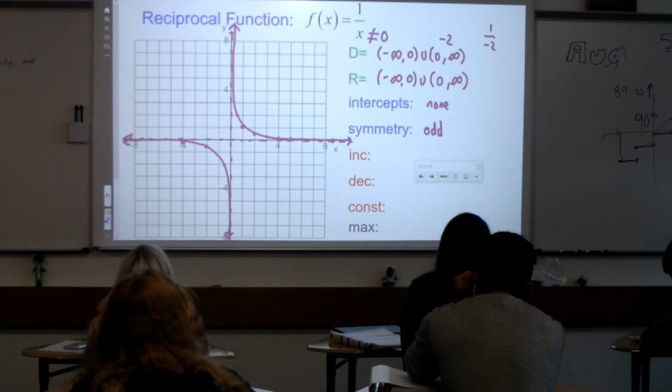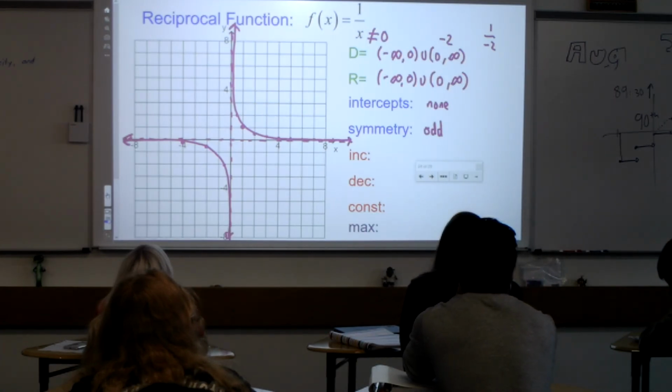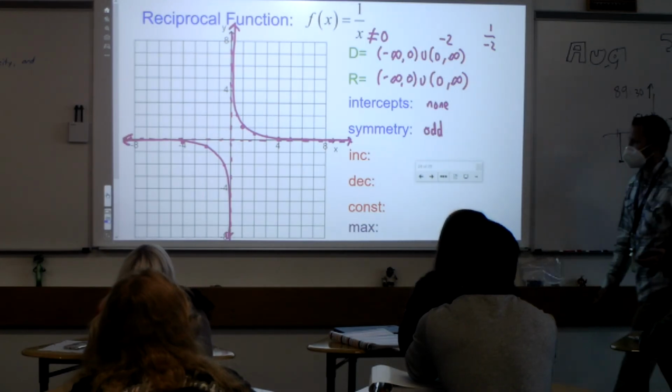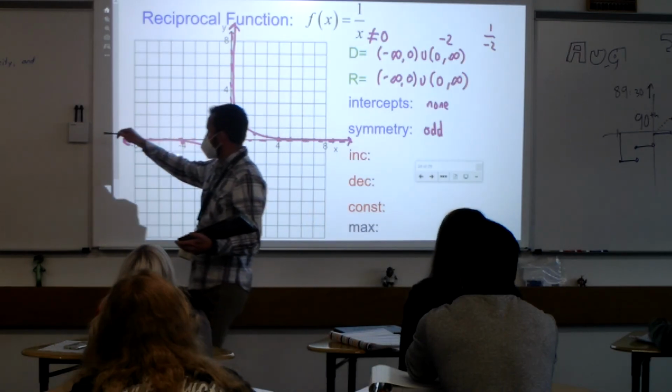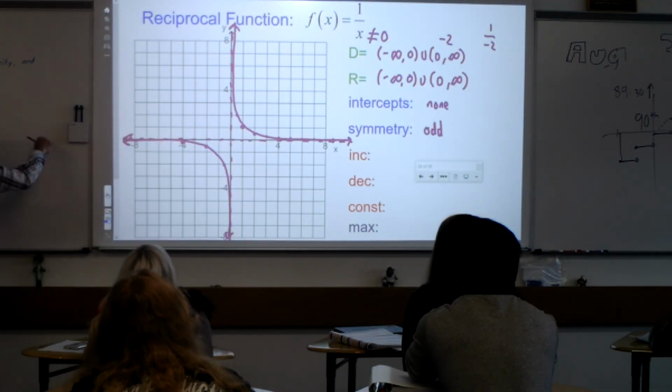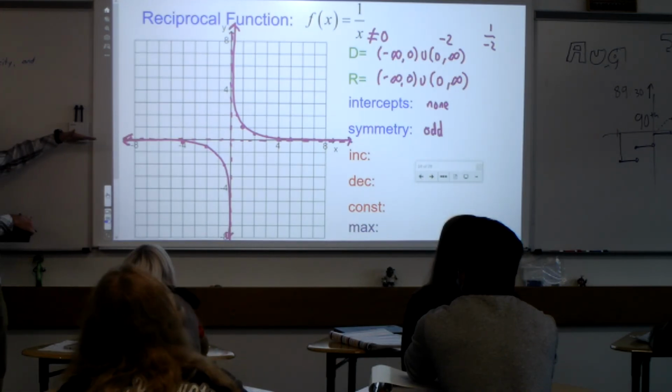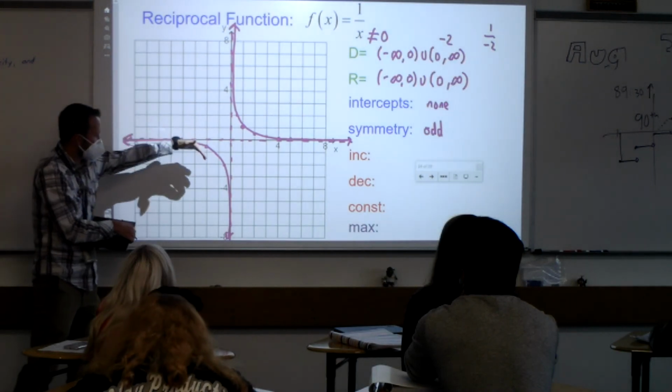Alright, we're almost there. Evelyn, is this increasing or decreasing or constant? Let's start out clear over on this side. Someone might say it looks like it's constant right here, but is it the same? No, so if I start over here, what's it slowly doing? Decreasing all the way to there.